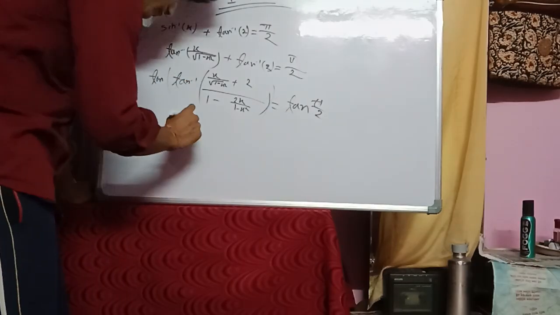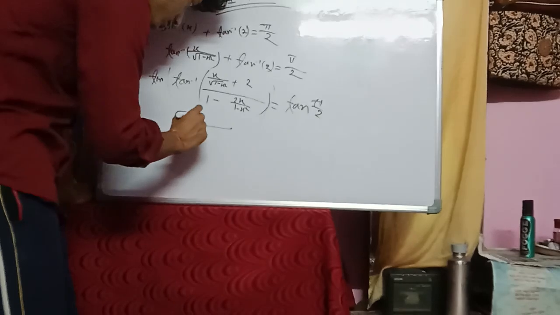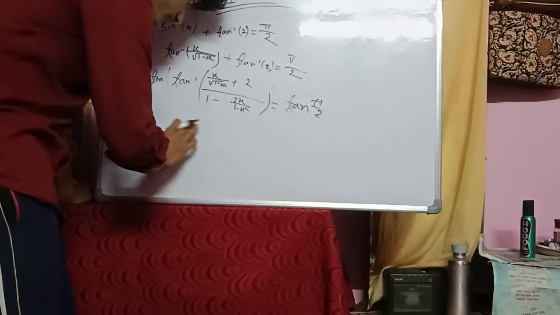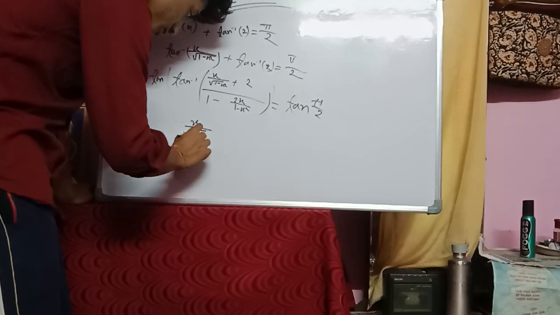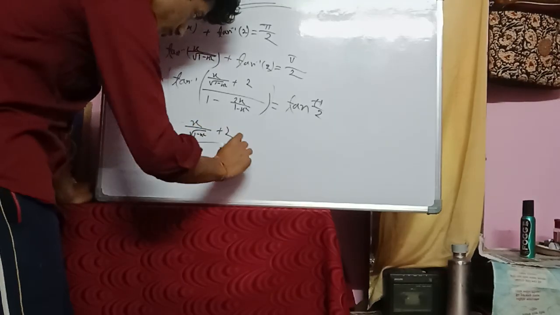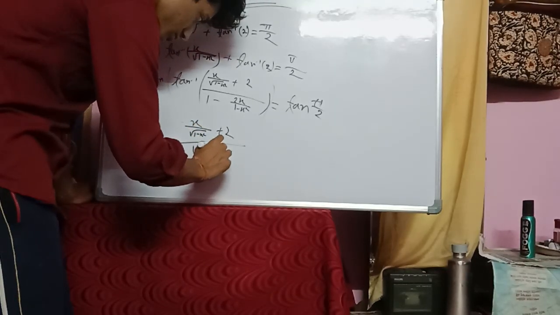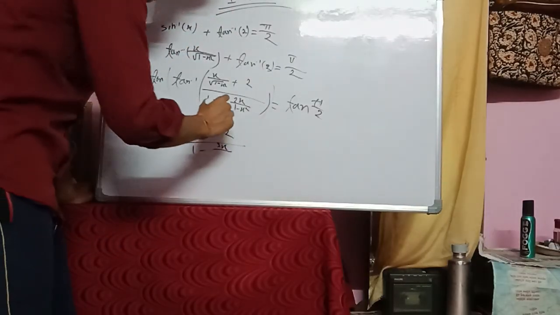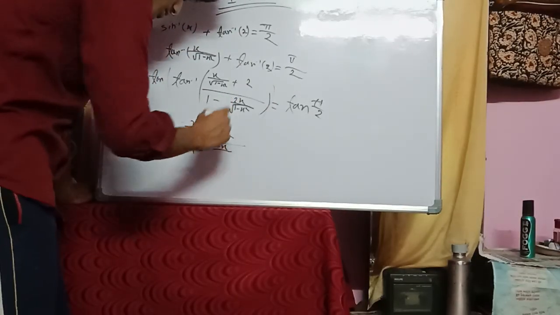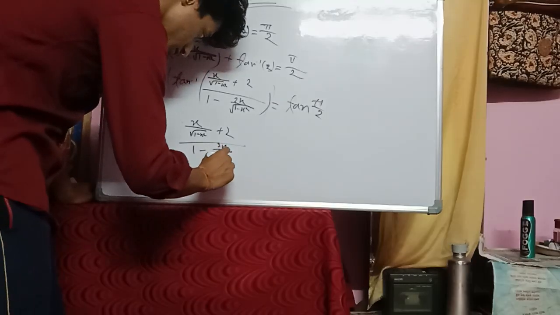This would just become x over root over 1 minus x square plus 2 over 1 minus 2x over root over 1 minus x square. I think I missed a root here.